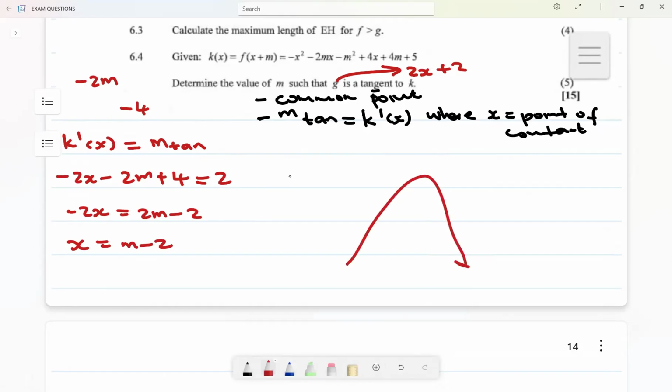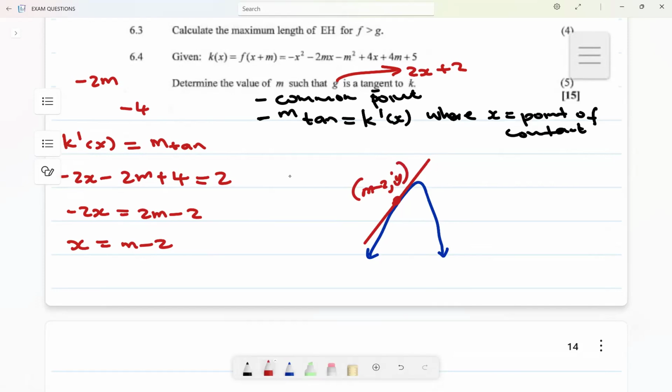Remember, I drew my graph here. Let me repeat that, and then my tangent somewhere here. So I now know the point where they meet: x is equal to m minus 2, and y remains unknown.